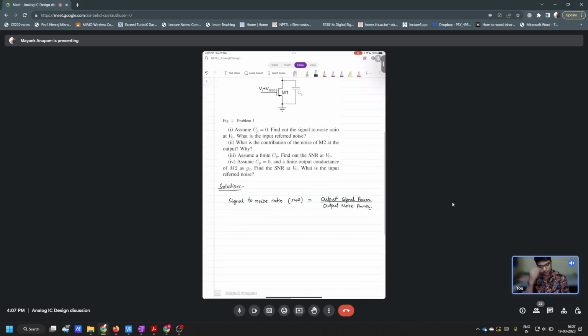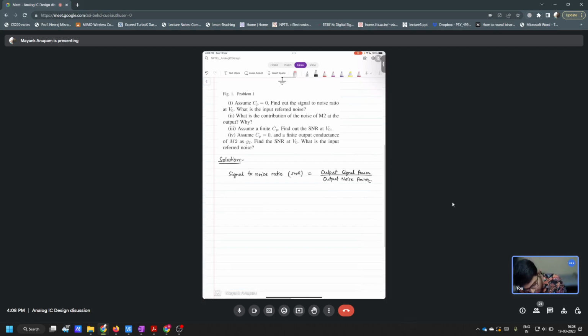Now you remember that noise is a quantity which we quantify in terms of its spectral density, right? Its power spectral density. We do not quantify noise in terms of absolute voltage or current. By the way, what is noise spectral density?